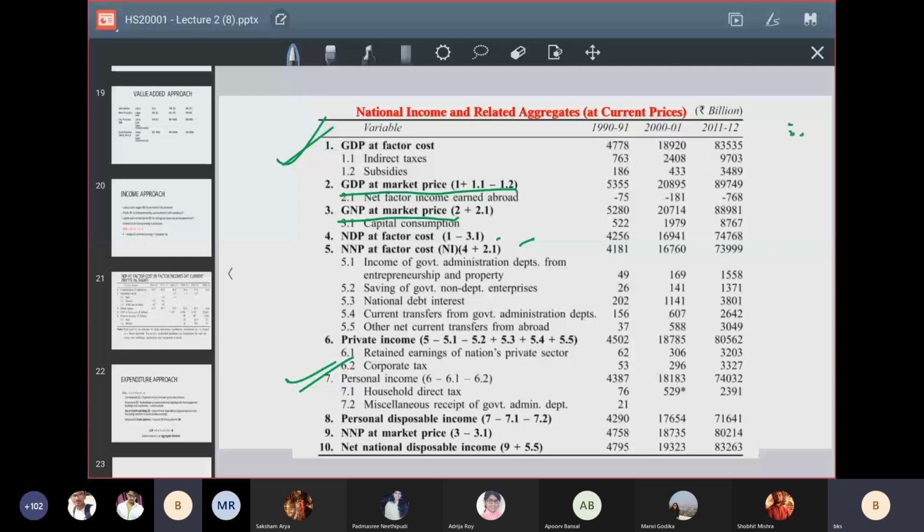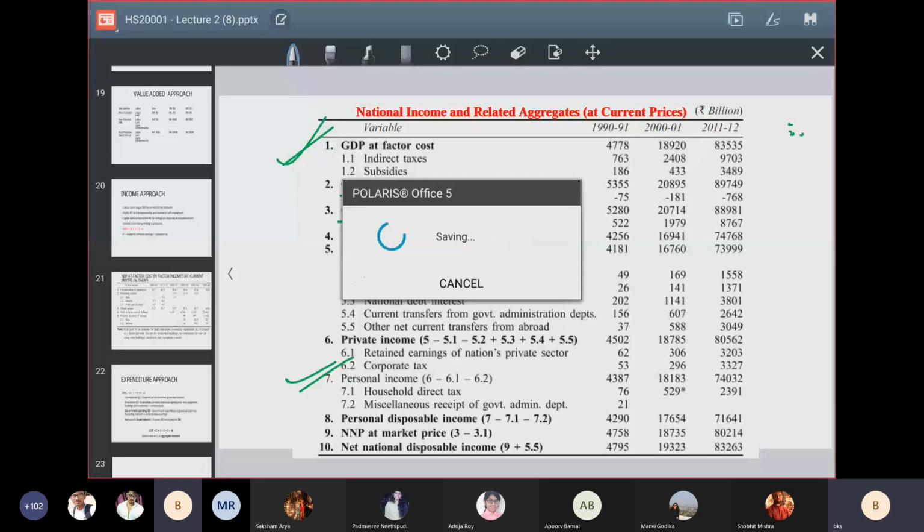In other words, how much factor income we are earning by employing our factors of production in other countries, minus what we are paying to the factors of production of other countries employed in India. That gives you the net factor income. That implies more of the factors of production are employed in India than the factors of production of India employed outside India. Let me give you a simple example.